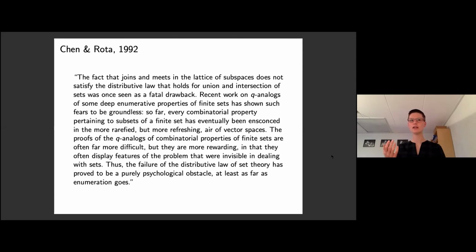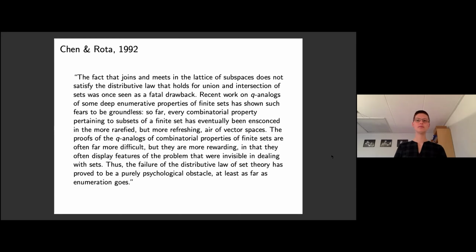And then in the q-analog, you sort of have to find the right way to state your problem, and then the q-analog just drops out. But sometimes if you're stuck with a wrong description of your problem, then you will get nowhere with the q-analog. So I can really feel what Chen and Rota are trying to say here.